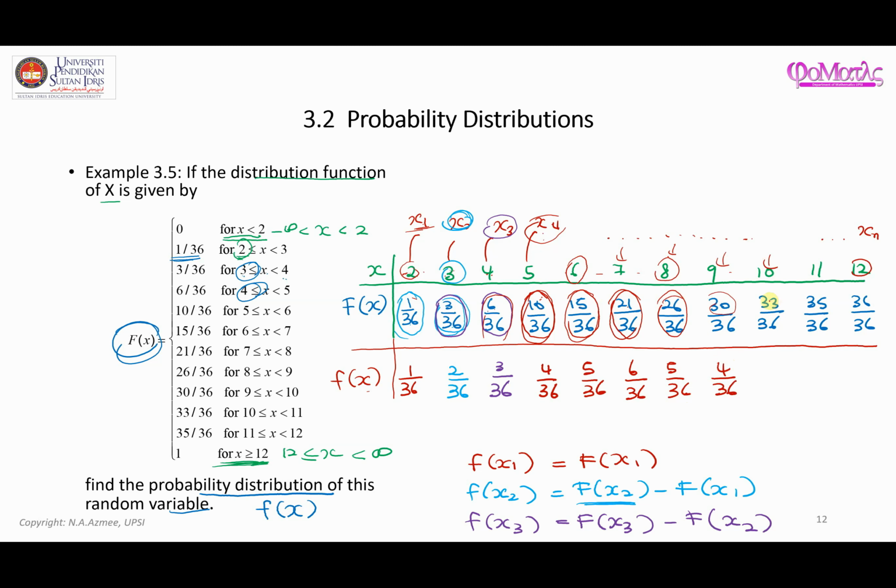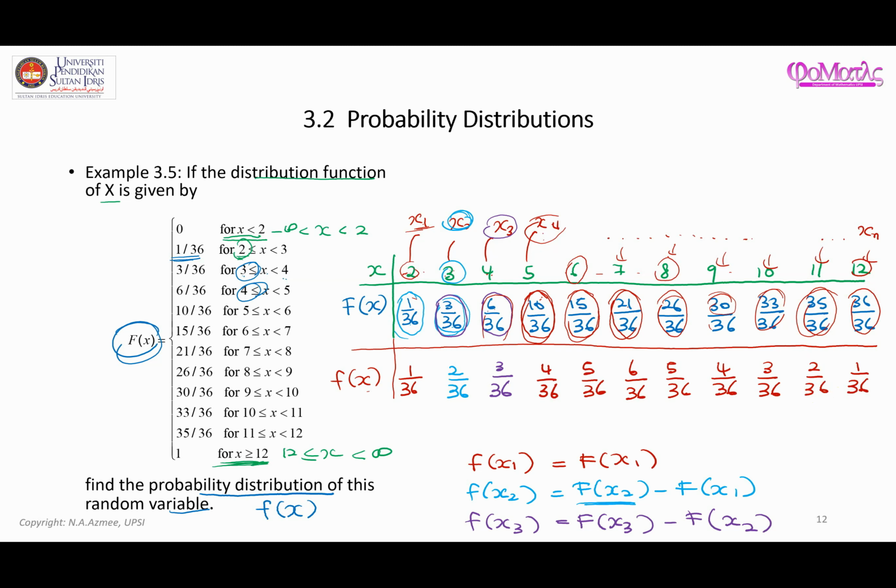For this one, it's going to be 2 over 36. And finally, we take this minus this, which is 1 over 36.